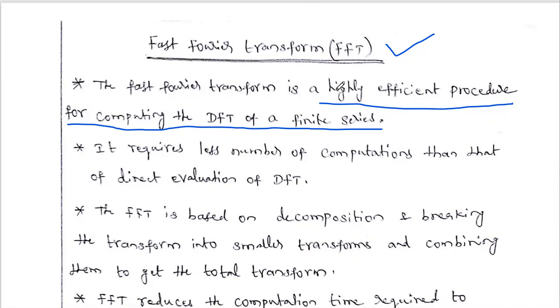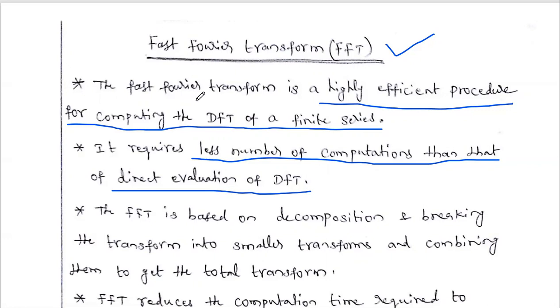What does a highly efficient algorithm mean? The FFT requires fewer computations than the direct evaluation of the DFT. For example, take a 4-point DFT of the sequence x of n equal to 1, 1, 0, 0.